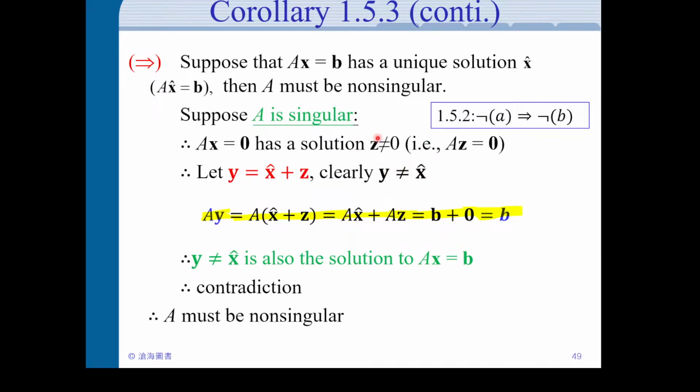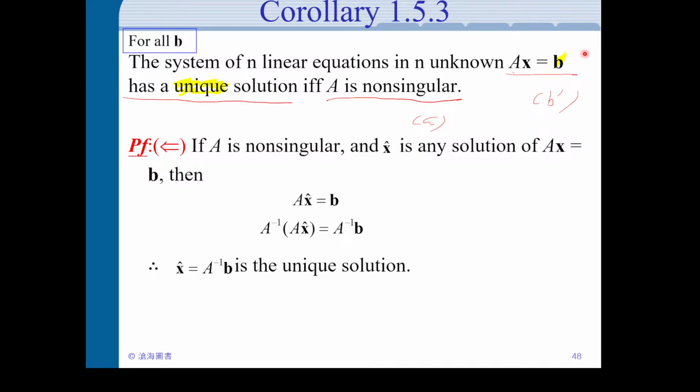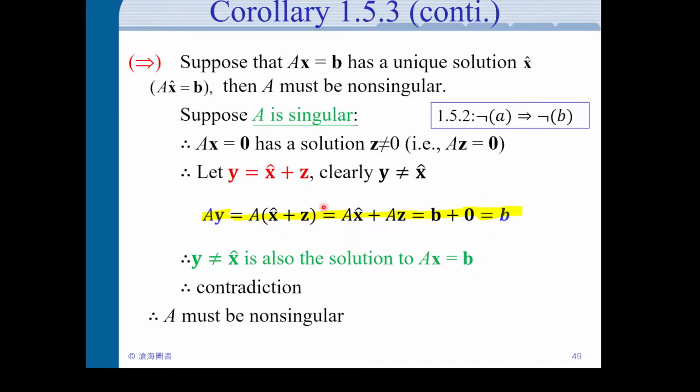And with solution z, we can find another solution for Ax equal to b. So we show that x plus z is another solution to Ax equal to b. And this cannot happen because Ax equal to b has a unique solution. So that's a contradiction, and A must be non-singular. Okay, any questions?